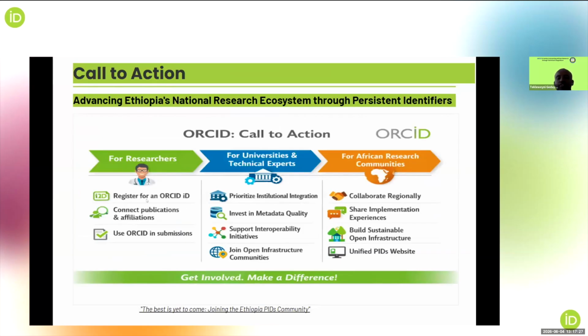Then we promote the use of ORCID in submitting their research works. Research institutions need to prioritize institutional integration, invest in metadata quality and correctness, support interconnectedness between different platforms, and join open infrastructure communities.